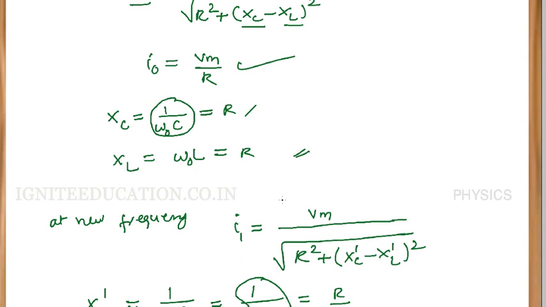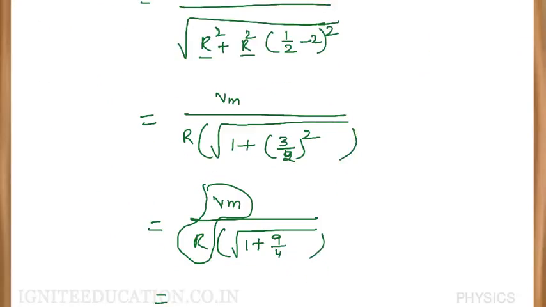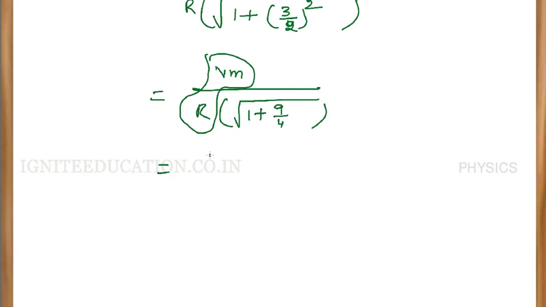I naught is equal to Vm by R. So I am writing I naught instead of Vm by R. So I naught divided by root of 13 by 4, or it can be simplified as 2 I naught by root 13. So if you increase the frequency, the new current is 2 by root 13 times I naught.